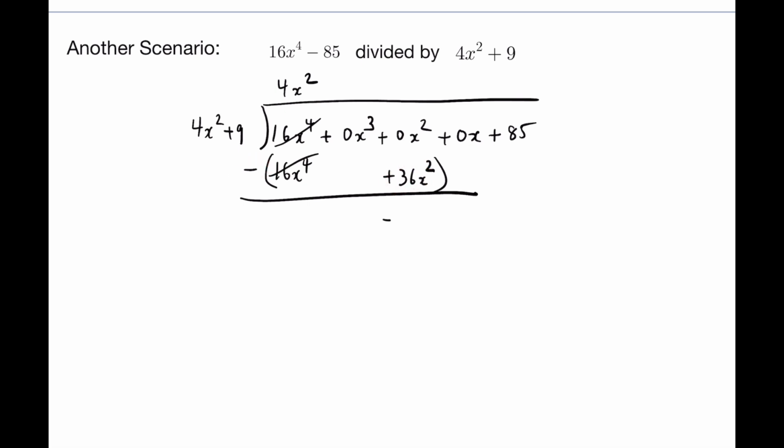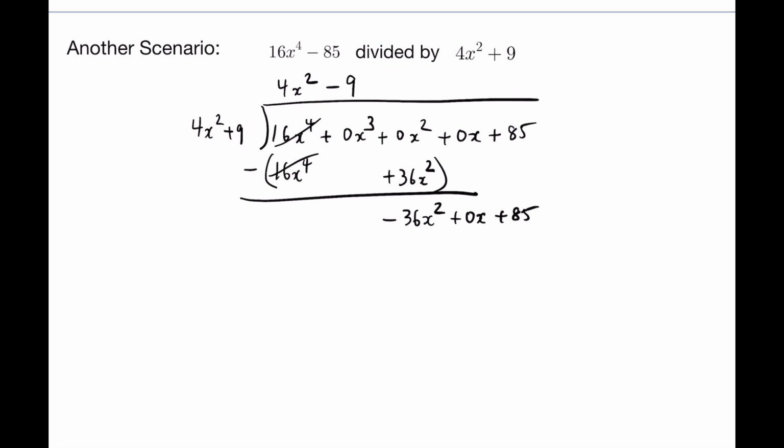That gives us negative 36x squared. Now we're going to bring down the remaining terms, plus 0x and minus 85. Now we're going to focus in again on this part of the divisor, 4x squared, and determine what we need to multiply this by to get a negative 36x squared. And the answer is minus 9.